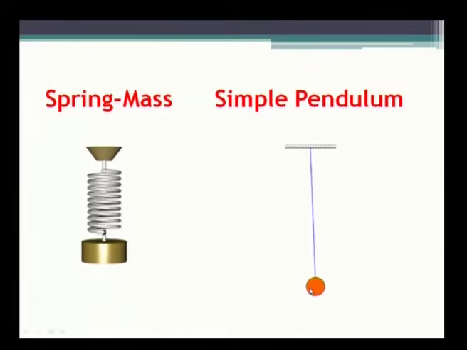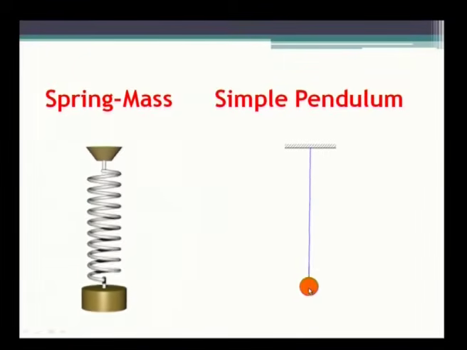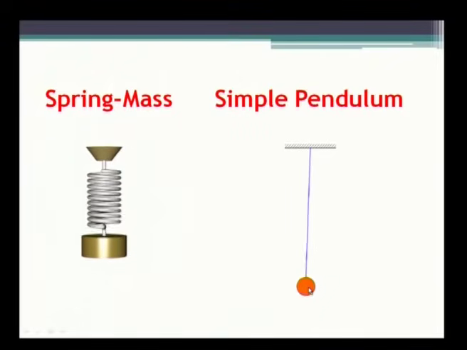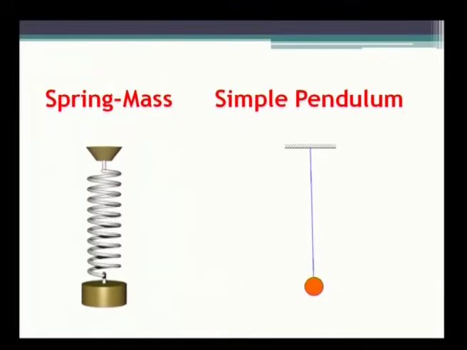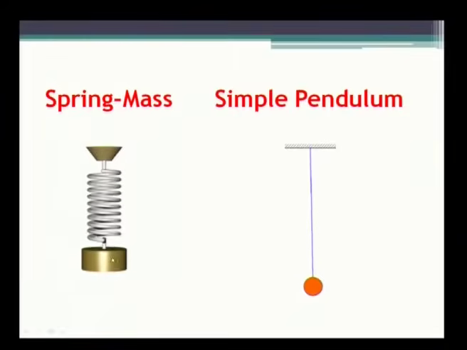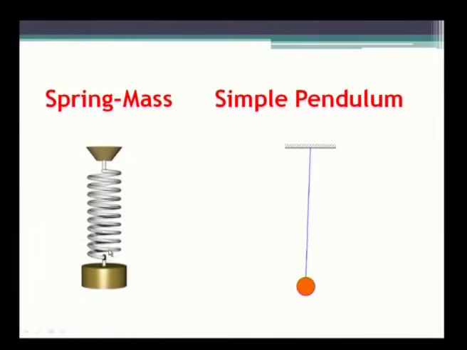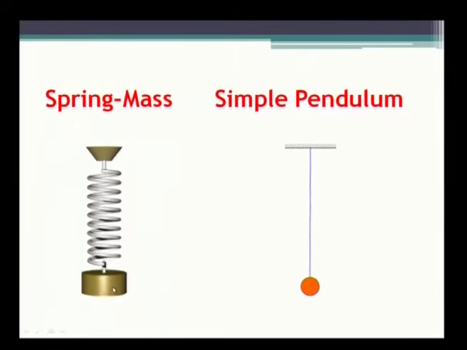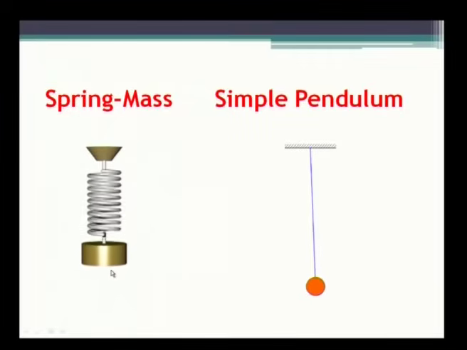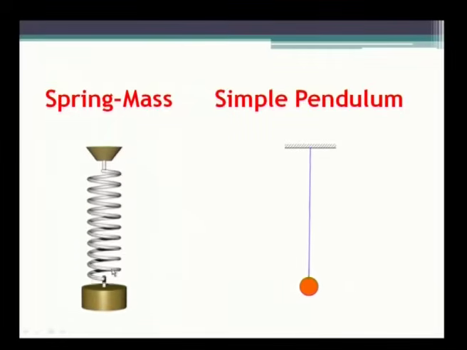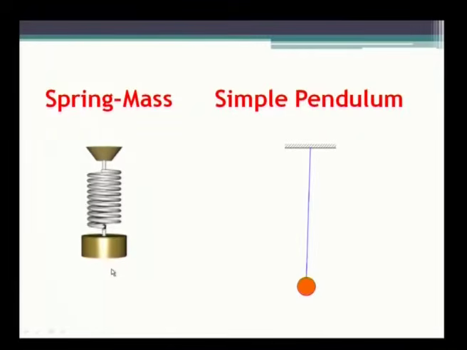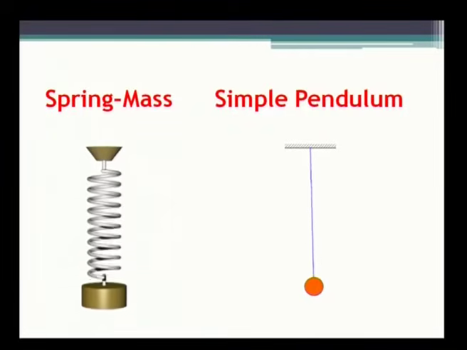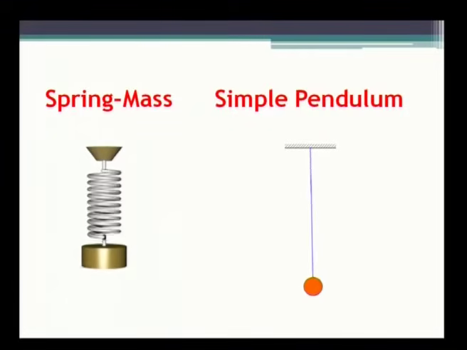So, that could be the mean position, and with respect to this mean position, the bob is moving to and fro. Similarly, this mass is moving back and forth. Here it is vertical, so where I keep the mouse might be the mean position. With respect to that mean position, the motion is happening.